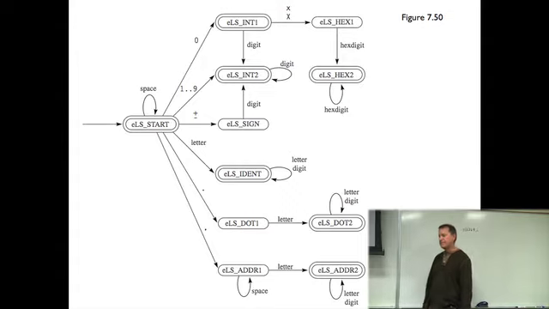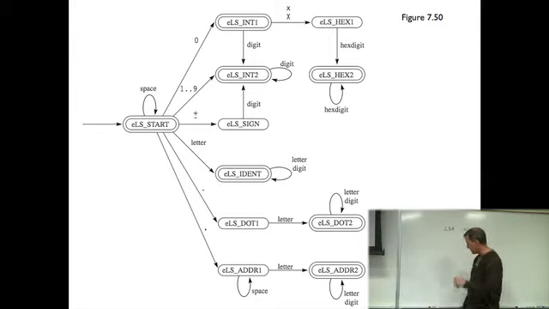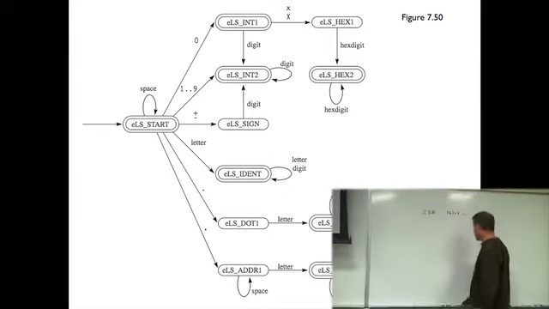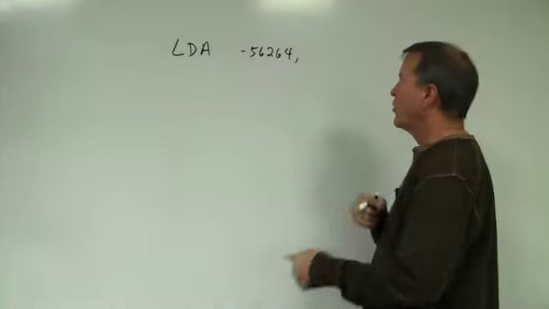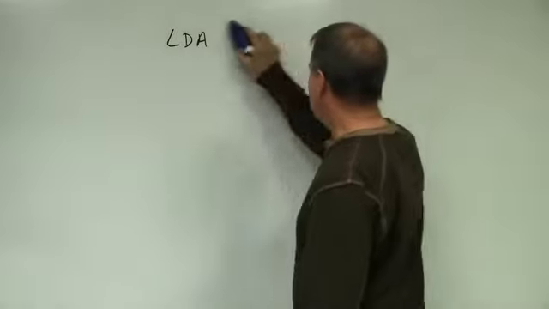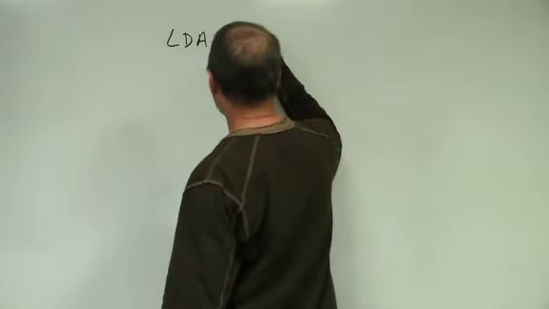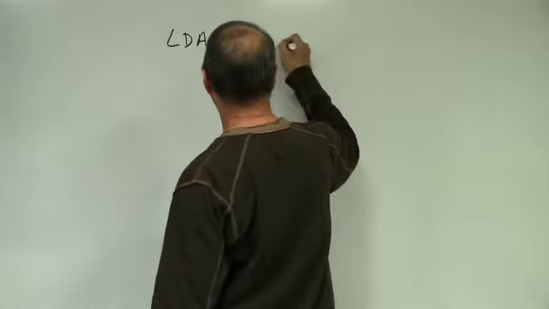The other question I had was on the website. It says addressing modes must be stored as identifiers. Good question, I'm glad you brought that up. Now, watch this, you guys. Let's make this legal: negative 562, comma, immediate.